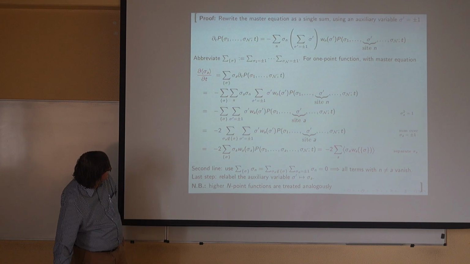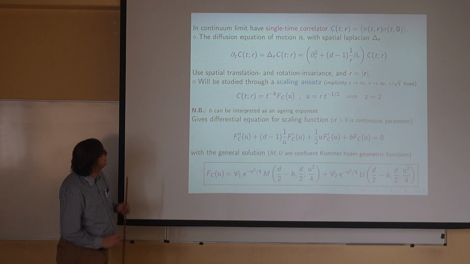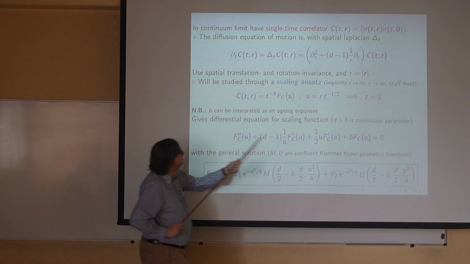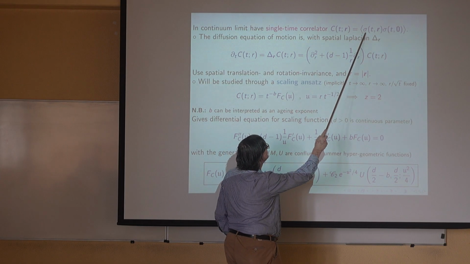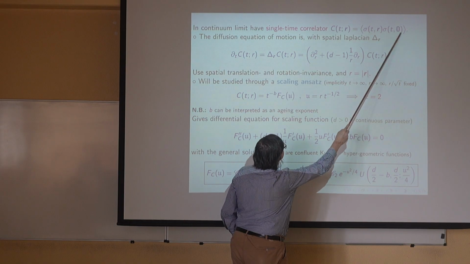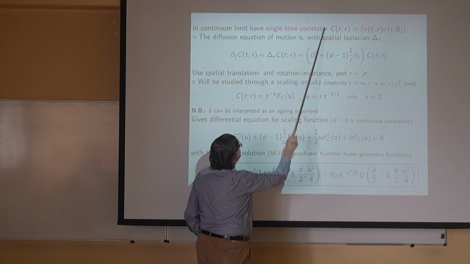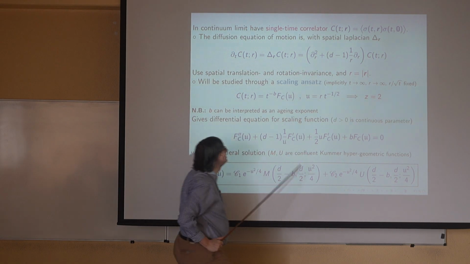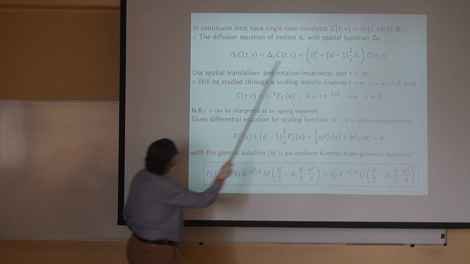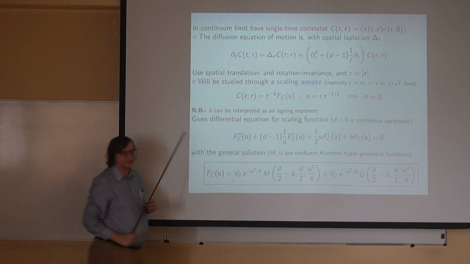I skip this here, that is the derivation of how you get these identities. We go immediately to the continuum. When we go to the continuum, we have 2 spins at time t, at 2 positions. I put 0 here. So we get a time-space correlator of this form. And from the equations we had, we obtain the following equation of motion.